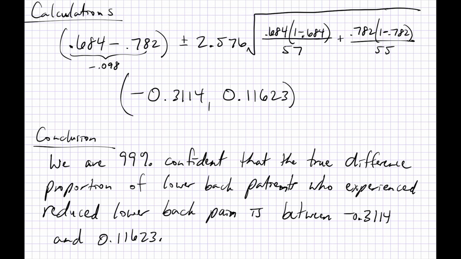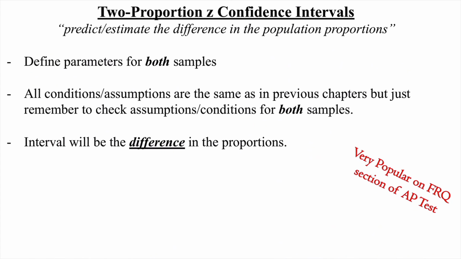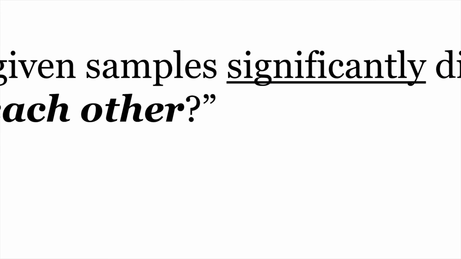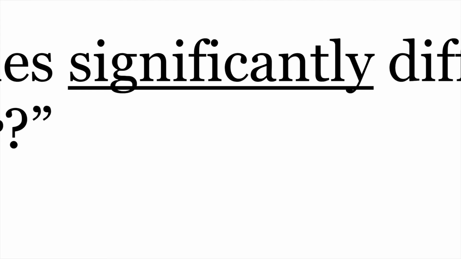So we don't have statistically significant evidence. We lack significant evidence to suggest. That's a big sample question. We don't have significant evidence to say that the two treatments are different.